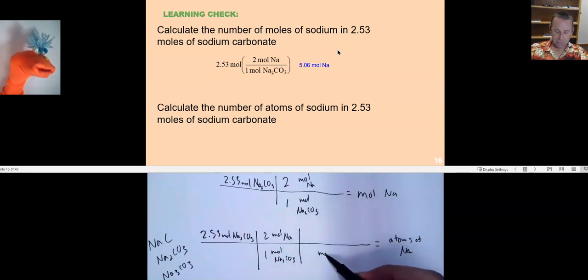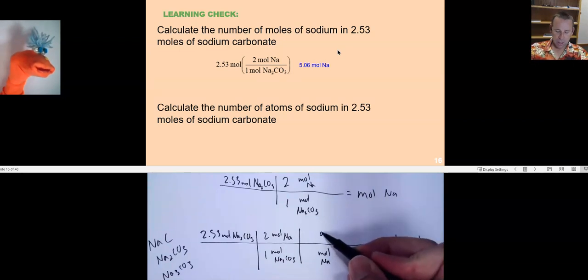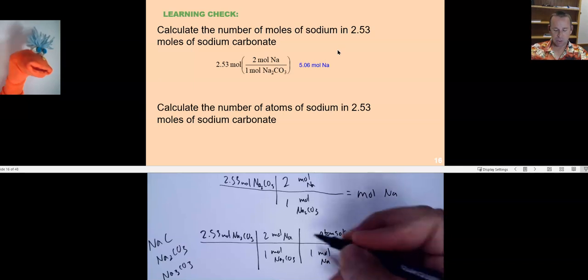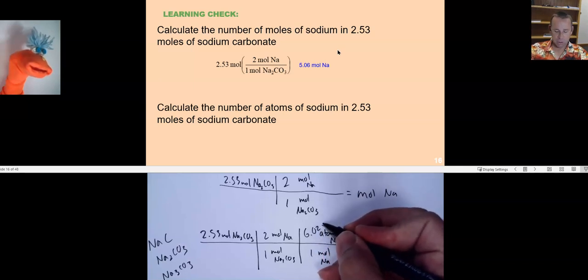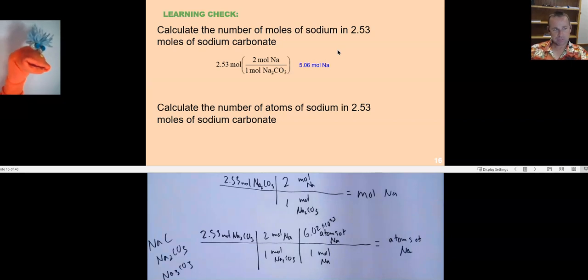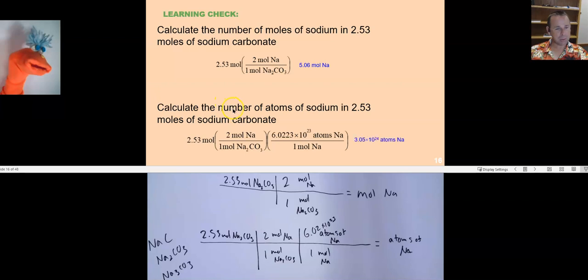And then I can go from moles of sodium to atoms of sodium. Find how many sodium atoms would there be in that many moles of sodium carbonate. Okay? And this here is for every 1 mole, I have that 6.02 times 10 to the 23rd atoms of sodium. Okay. So then I can line them up and I can multiply them out and find that answer.